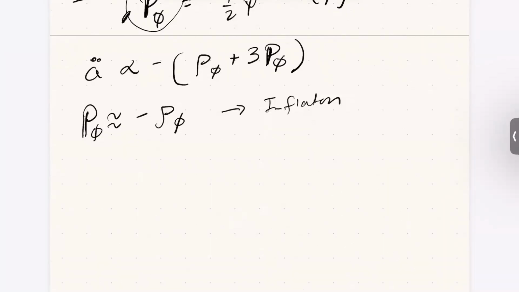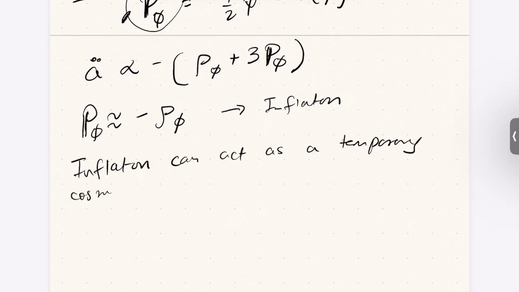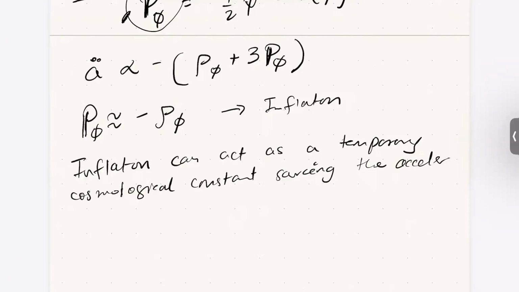So that means you can now move towards saying that maybe there is some theory that relates the two. Okay, so now this inflaton can act as a temporary cosmological constant that sources the accelerated expansion during inflation.